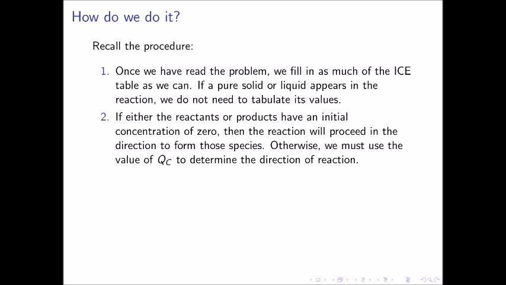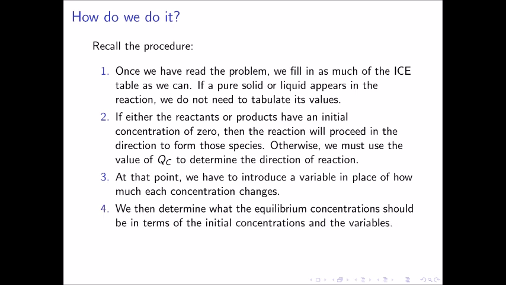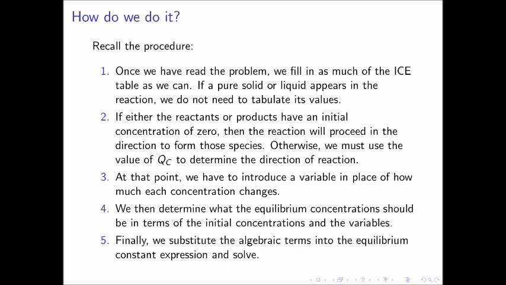Otherwise, we must use the value of Qc to determine the direction of reaction. 3. At this point, we have to introduce a variable in place of how much each concentration changes. 4th, we then determine what the equilibrium concentrations should be in terms of the initial concentrations and the variables. Lastly, we substitute the algebraic terms into the equilibrium constant expression and solve.